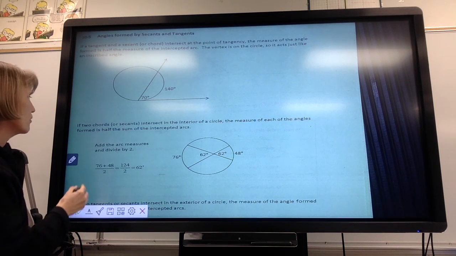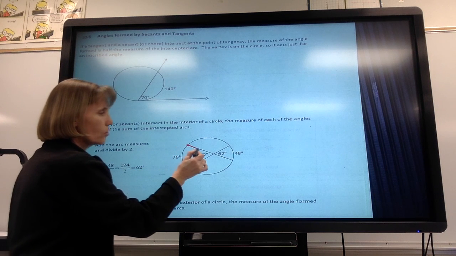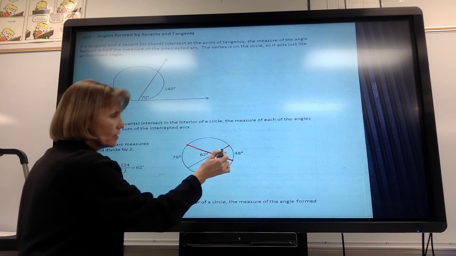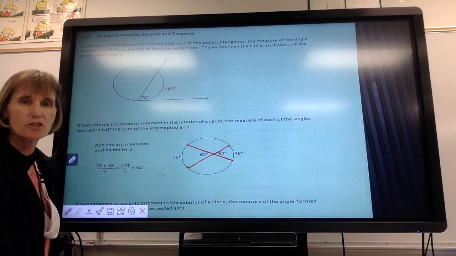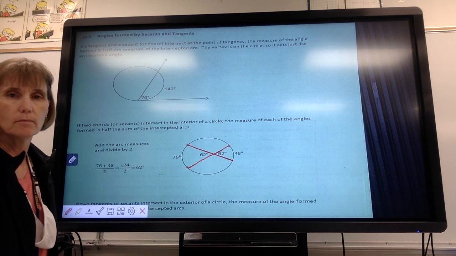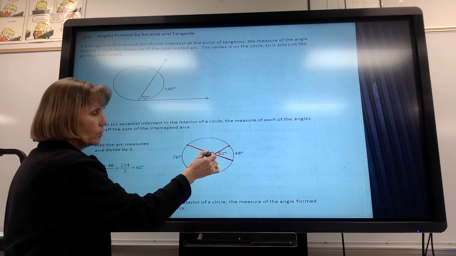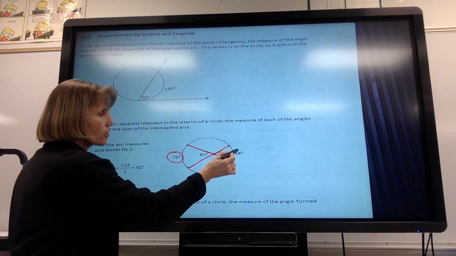Okay. Another scenario you might see, if I have two chords, or they could be secants. So chords, we know, have endpoints on the circle. There's one chord. If it intersects another chord, now does that look like it intersected at the center of the circle? No, it's not the center. So it doesn't matter where it intersects, but when it intersects out here, what we say is we take the intersected arcs.